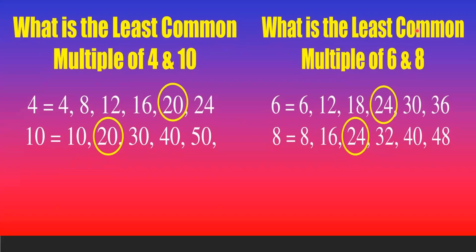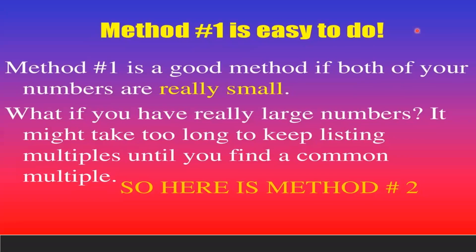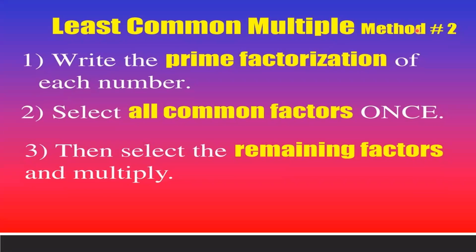Then the least common multiple of 4 and 10 is what you see encircled, and the least common multiple of 3 and 9 is 9. Method 1 is easy because it is a good method if both numbers are really small. But if you have really large numbers, it might take too long to keep listing multiples until you find a common multiple. So this is method 2 for big numbers.